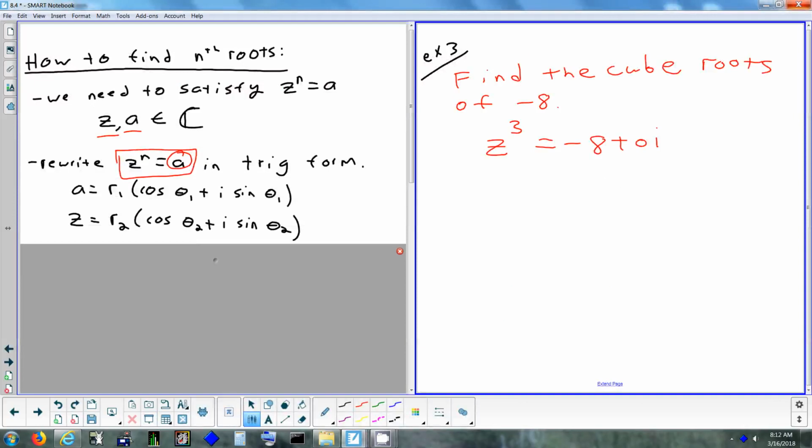So what I'm going to do is change the left-hand side and the right-hand side into trig form. The left-hand side is where all your variables are. That's where the z is. a is an actual number when you do the problem. It's -8 plus 0i. For the left-hand side, you're always going to do this.